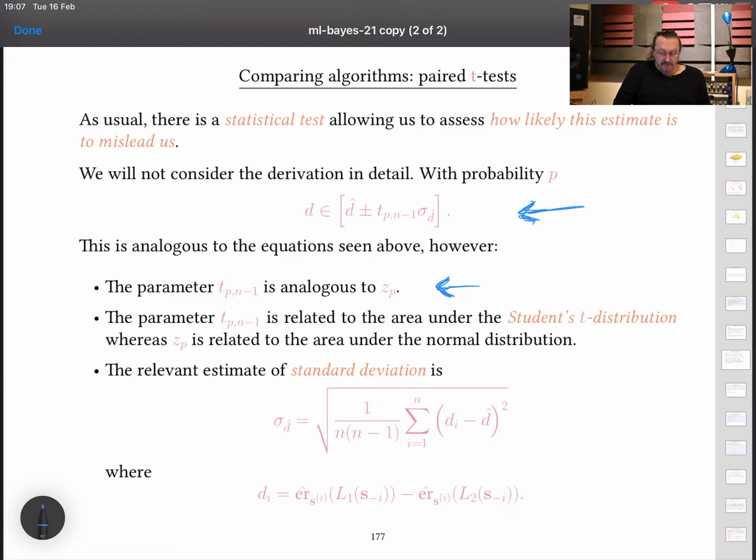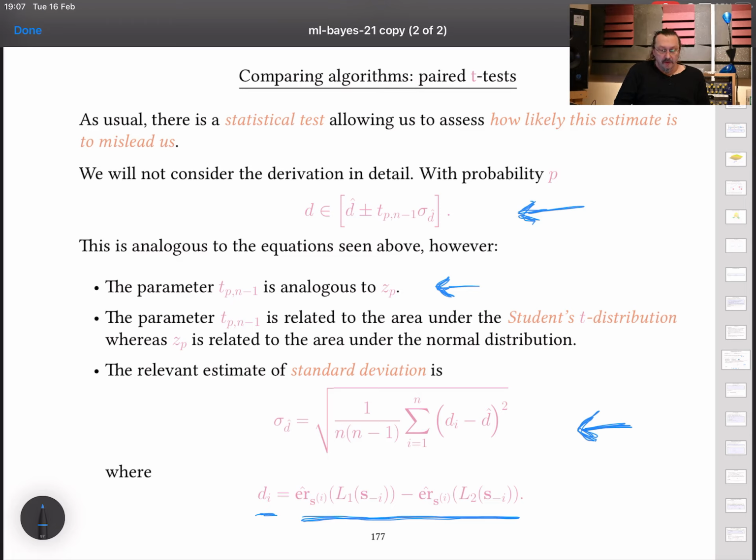And now in this case, we have an estimate of standard deviation that appears in our bound, which is computed as described here. And finally, D_i is just the part of the estimate that corresponds to the ith fold.